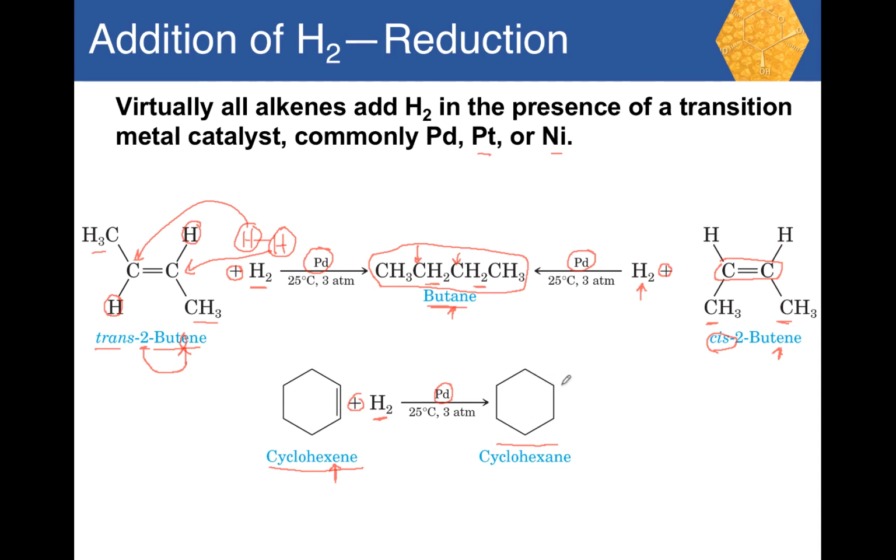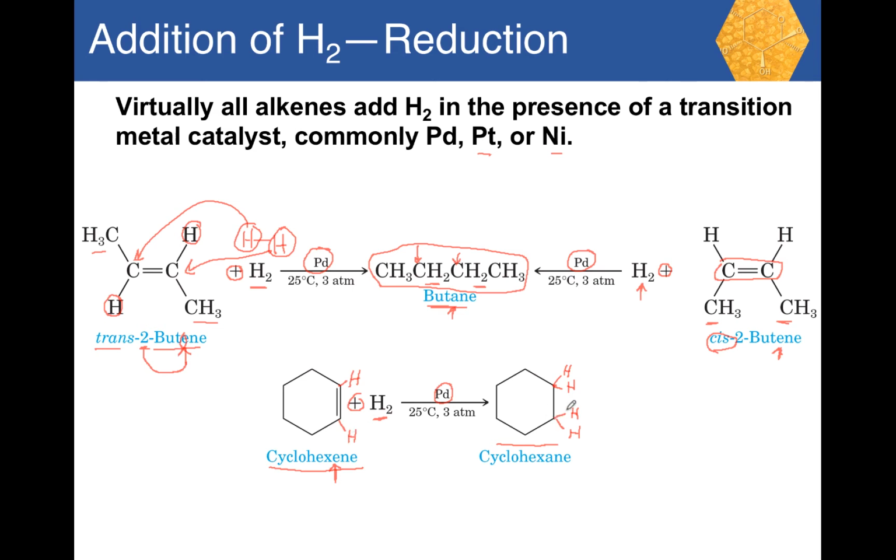But we know that this carbon has two hydrogens because there are four bonds to a carbon, and this carbon has two hydrogens also. I'm emphasizing that because in the reactant this carbon only has one hydrogen, and this carbon also has one hydrogen.